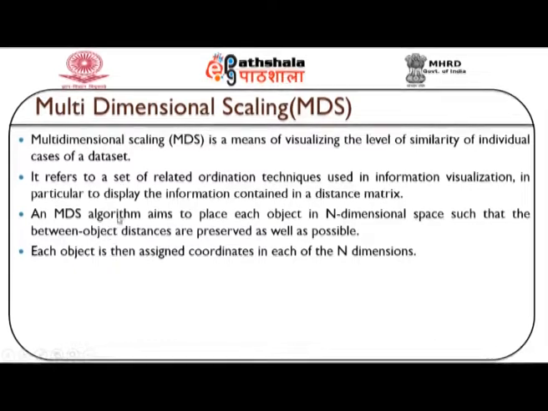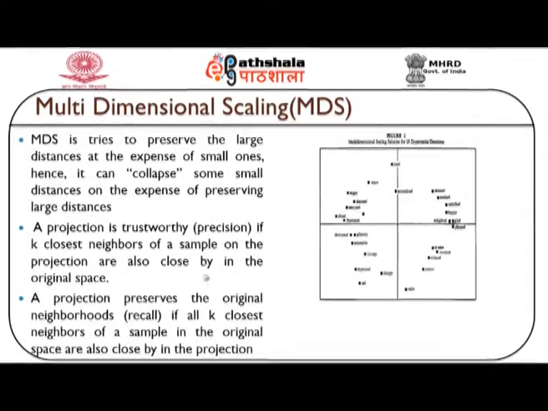An MDS algorithm aims to place each object in the n-dimensional space such that the distances between the objects are preserved as well as possible. Each object is assigned coordinates in each of the n dimensions as such.